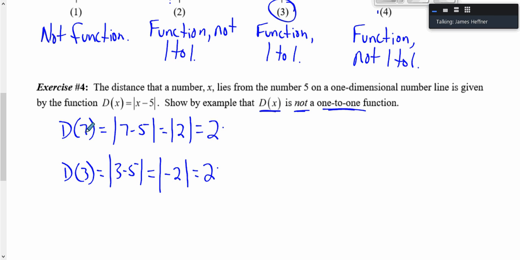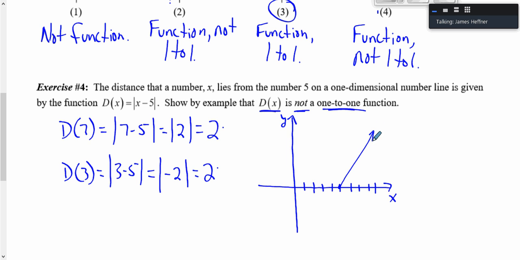If you were to look at this graphically, you guys remember the graph of absolute value is like a V. If I put X here and Y here, it looks like it gets shifted to the right by 5. So it looks kind of like this. Does this look familiar from algebra? Absolute value, right? So it passes the vertical line test.